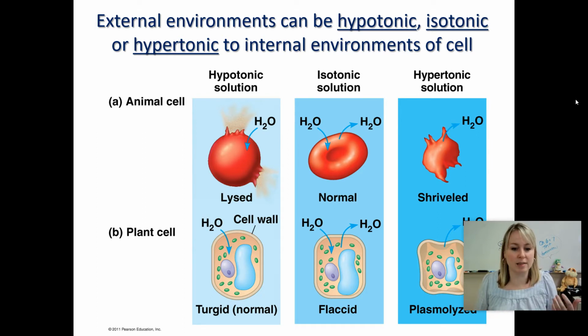And you see that in the picture on the left, in the left column, where you have a blood cell that is actually lysed. It's exploded because water is continuously moving in towards all of that solute, going from high water potential, where it is outside, to low water potential inside that cell, eventually causing it to rupture.